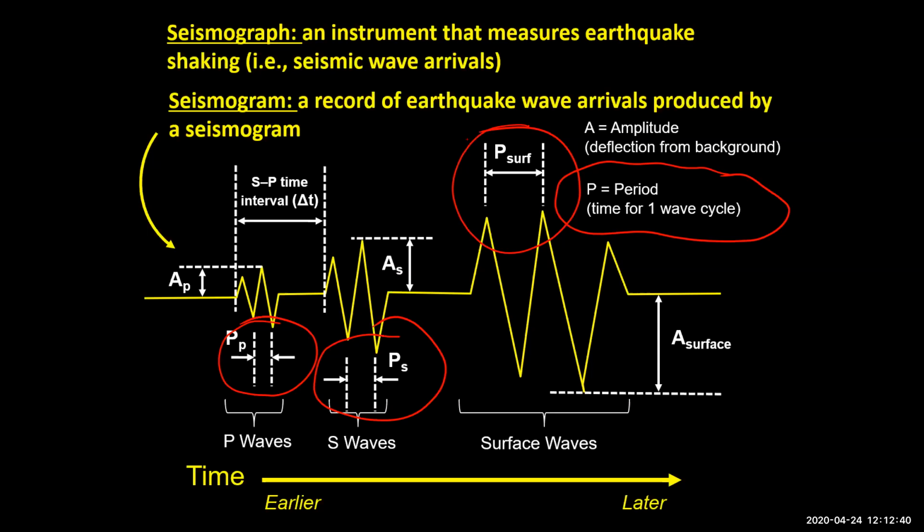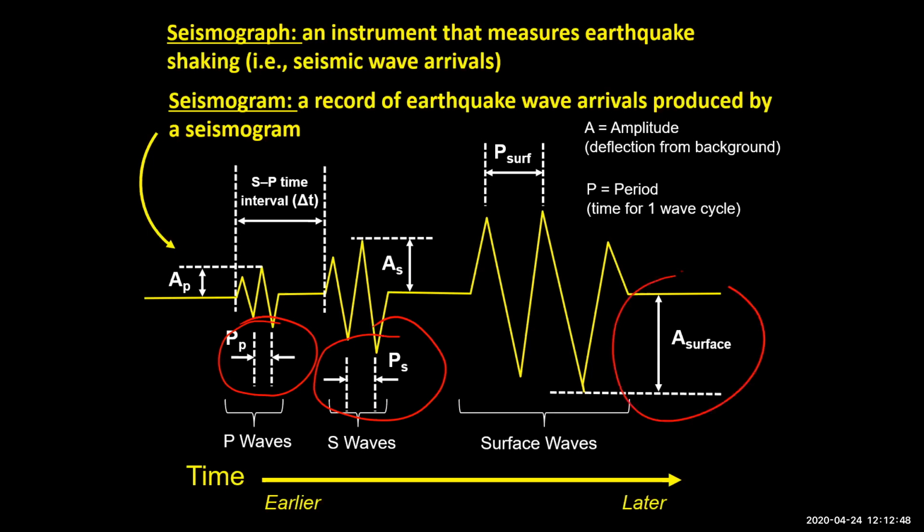Generally, it's surface waves that cause the most damage to buildings, because surface waves tend to have larger amplitudes in comparison with P waves and S waves.